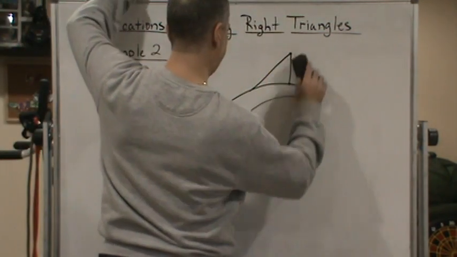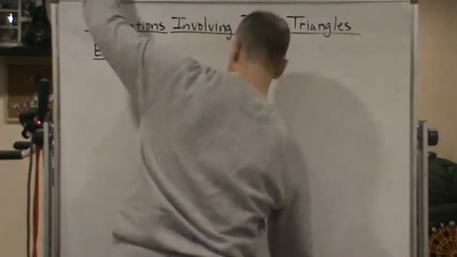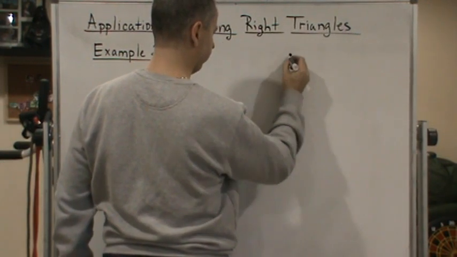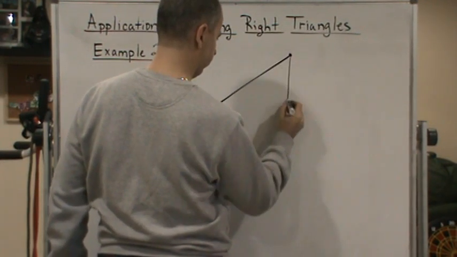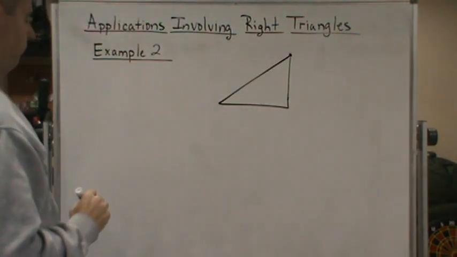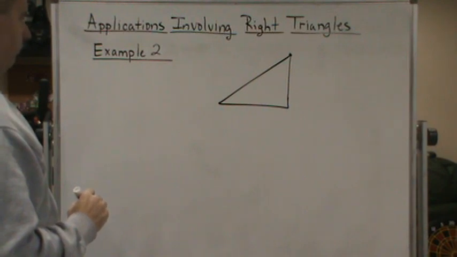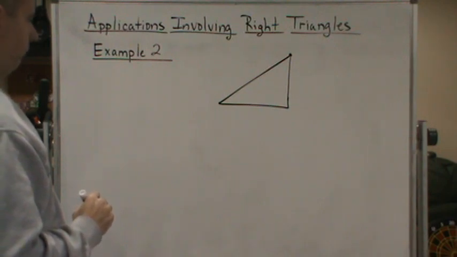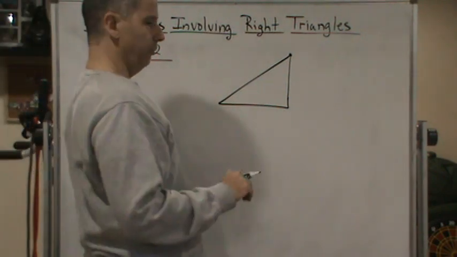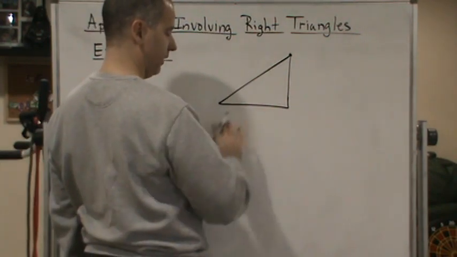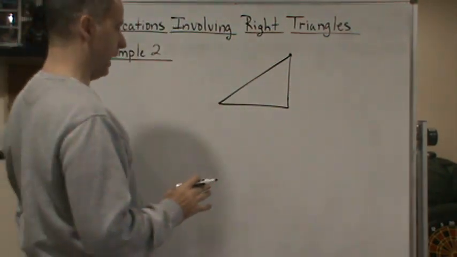Actually, let's do it this way. Because of the lake, we're going to assume that this is pretty straight here, because we're talking about the edge of a lake, a bike path, right?